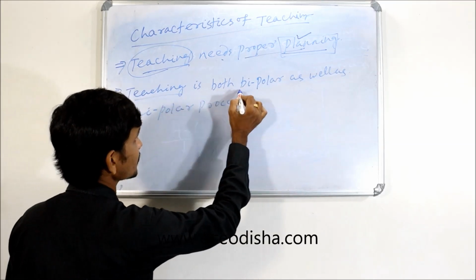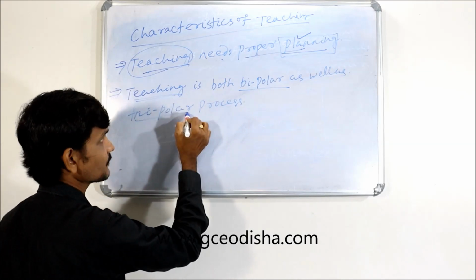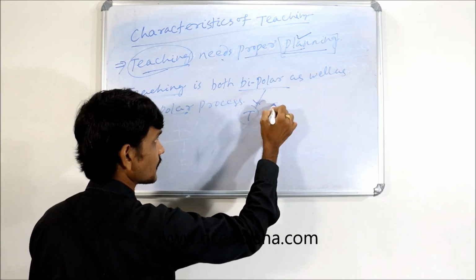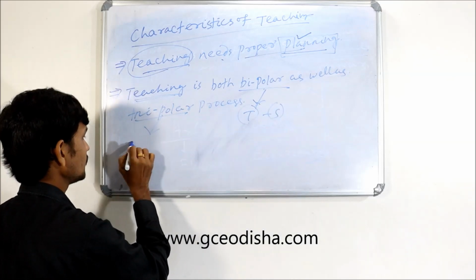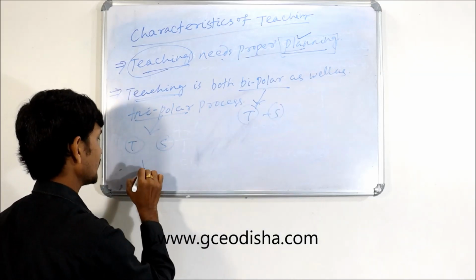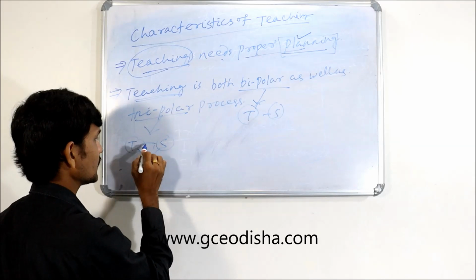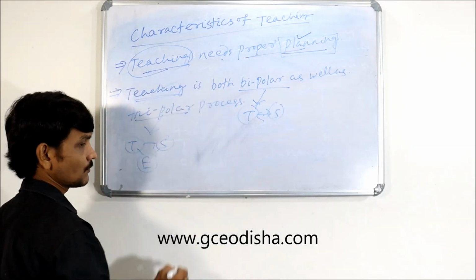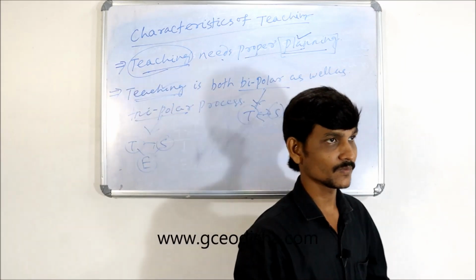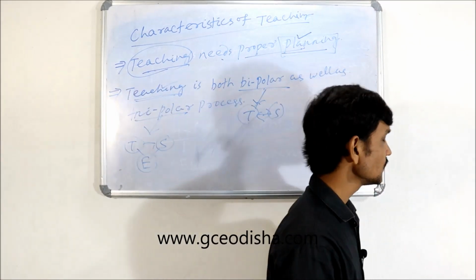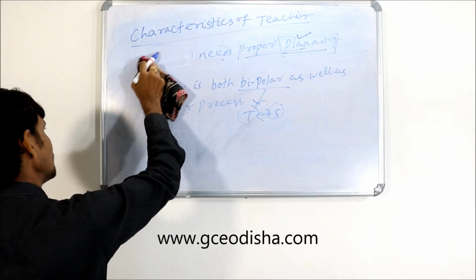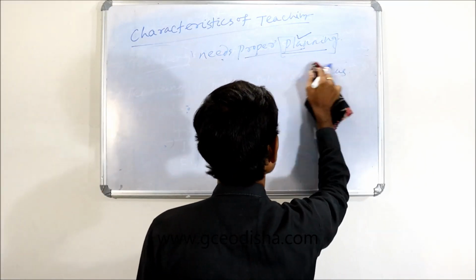In the bipolar process, teacher and students are there, and in the tripolar process, teacher, student and environment are there. If there is a good interpersonal relationship, then the teaching program will be successful. This is the third characteristic of teaching.